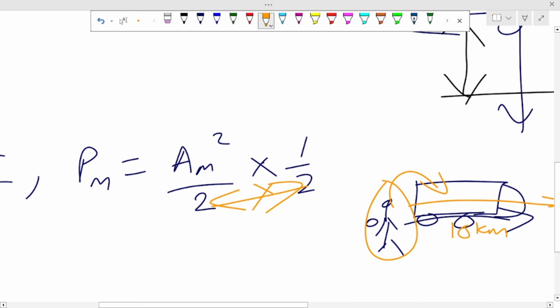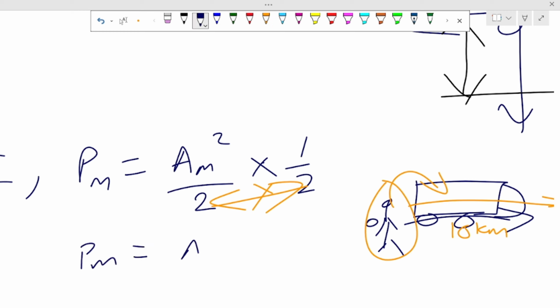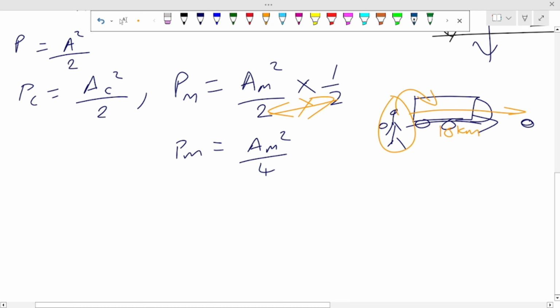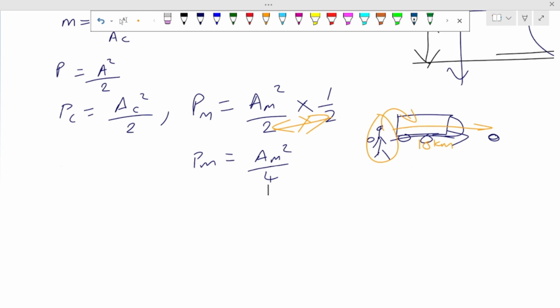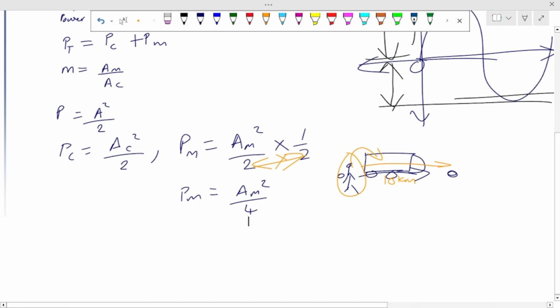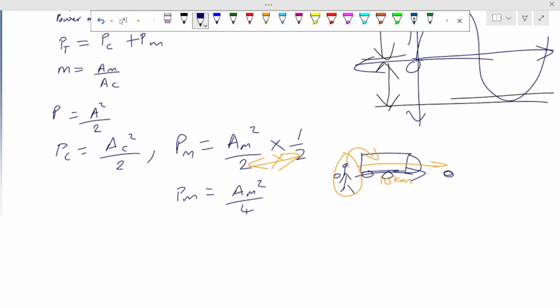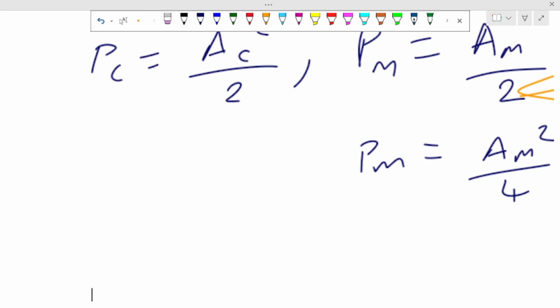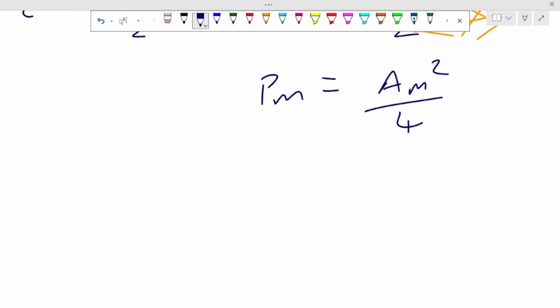So our message signal power can be written as AM squared over 4. Now with that, we can say that the total power, P total, equals what?